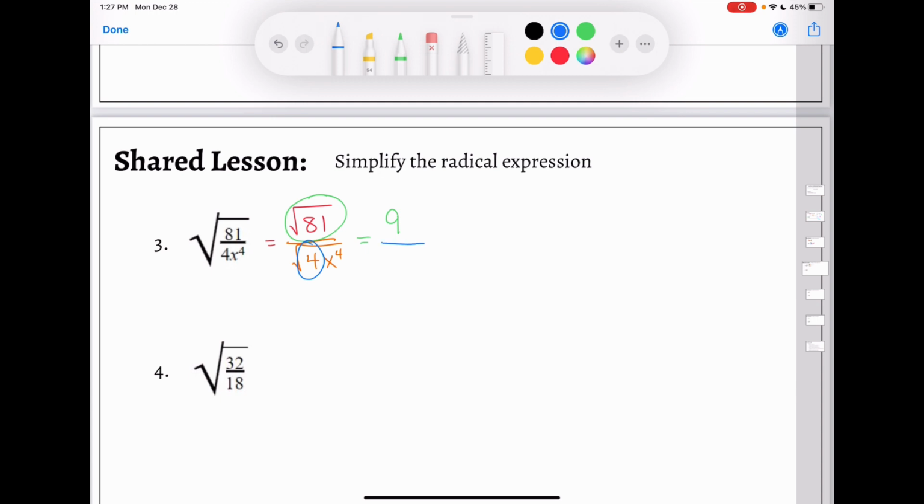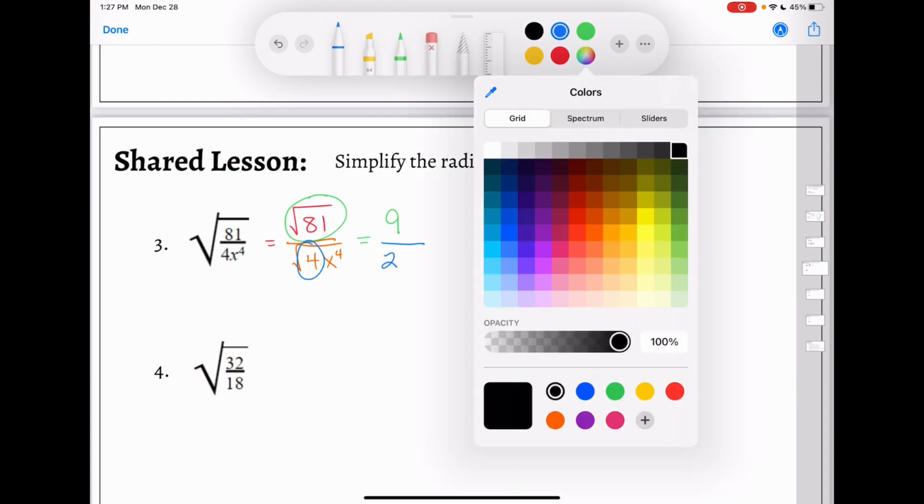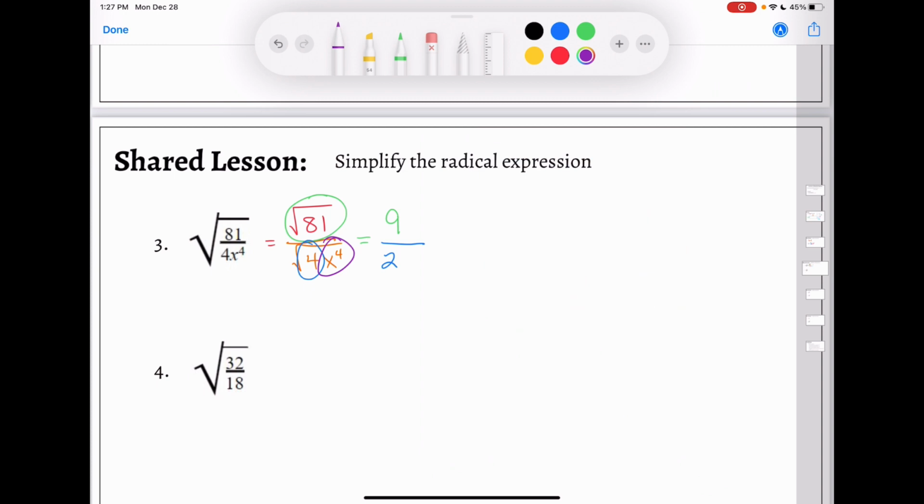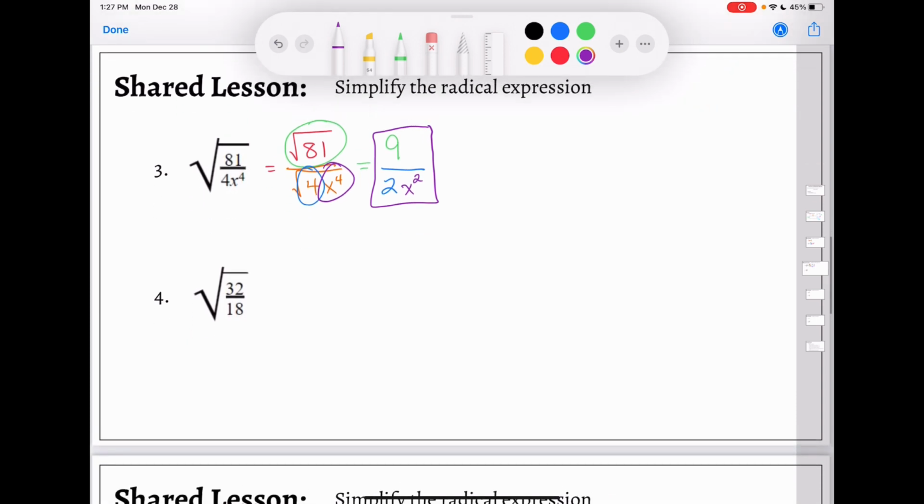That's a perfect square, right? That's 2. And I have the square root of x to the 4th. That's an even exponent, so that's a perfect square as well. The square root of x to the 4th is x squared. So I have 9 over 2x squared. Since I can't reduce 9 over 2, there's my final answer. All right, now number 4, I have the square root of 32 over 18.